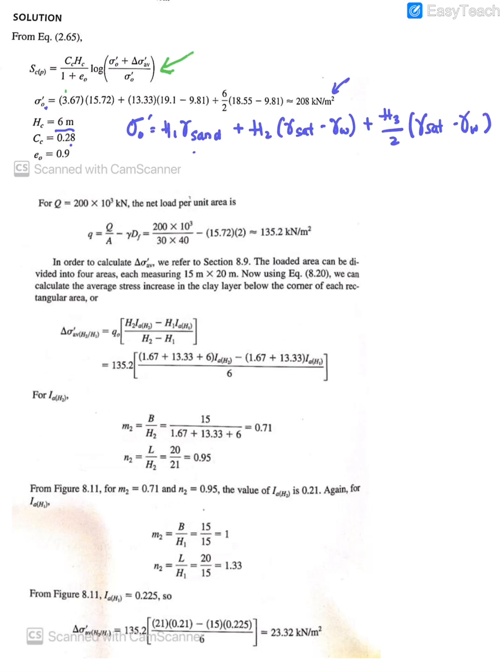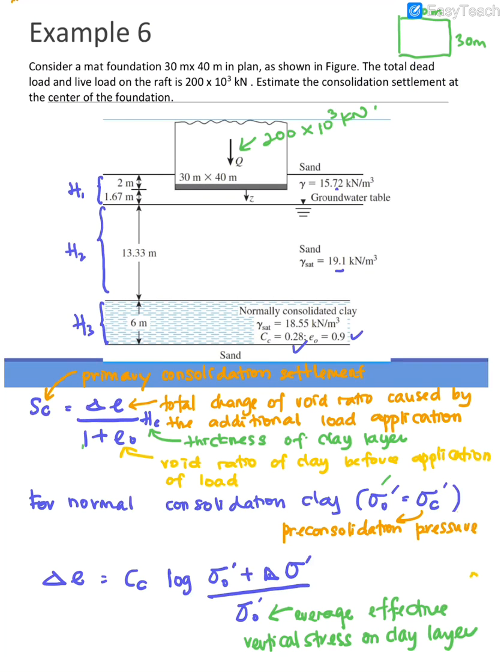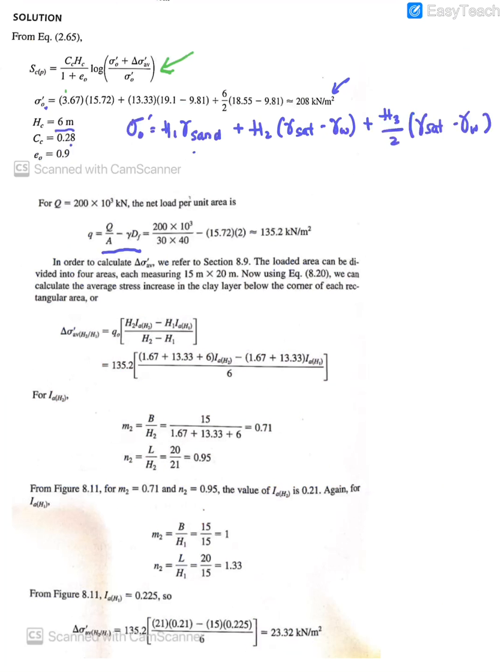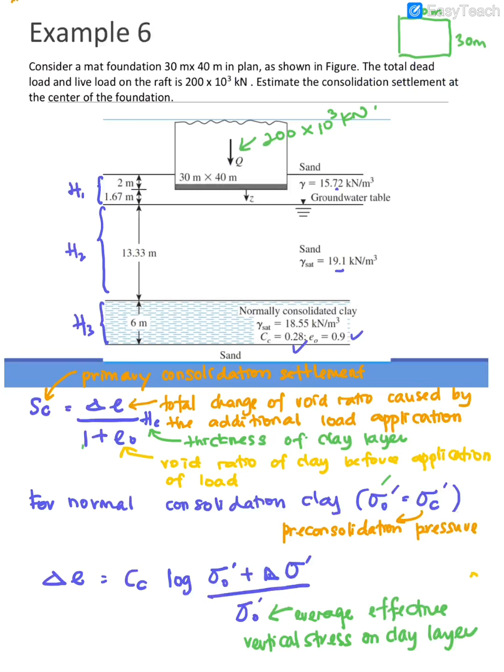Alright, and then you have to calculate Q. Q is the net load per unit area, given by this equation. The load, the dead load and live load on the raft foundation, is 200,000 kilonewton. The size of the area is 30 meter times 40 meter, and gamma is 15.72, also given in the equation.